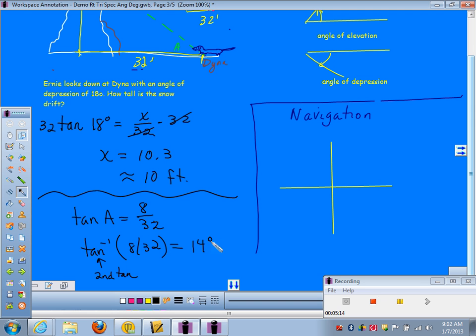The biggest problem navigation is going to play with your brains is 0 degrees isn't in the same spot when you navigate. Got any Boy Scout compass experts here? Where is 0 degrees on a compass? What direction does a compass show you? North. So on a compass and in navigation, 0 degrees is north.